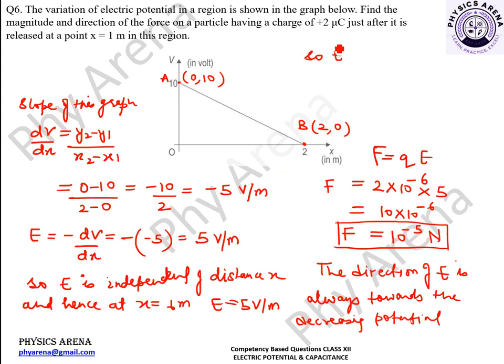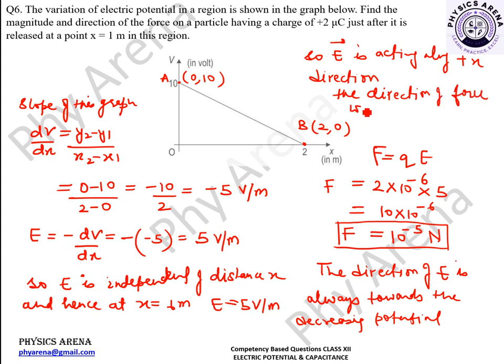So E is acting along plus x direction, and since the charge is positive, the direction of force will be along the direction of electric field, and that is along plus x axis. So this is the direction of force on this charge.